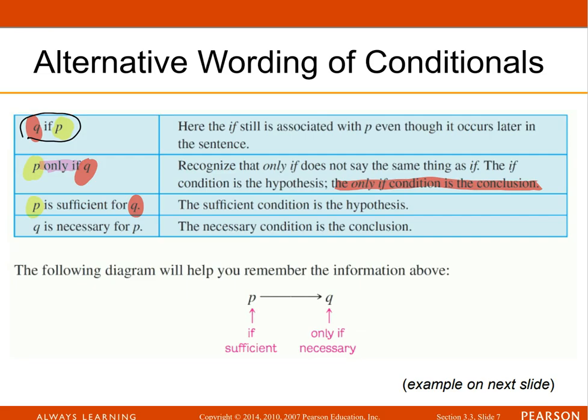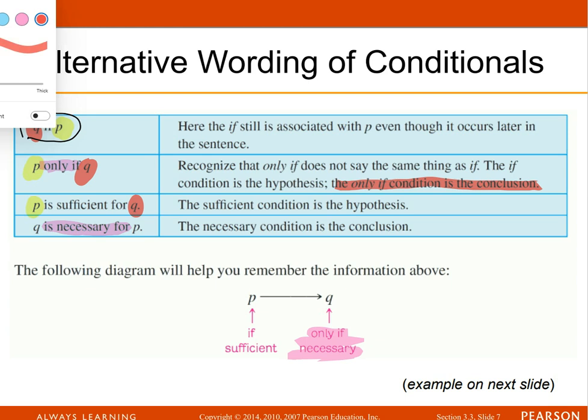It says Q is necessary for P. So when they throw in Q is necessary for P, and they're showing this down here, if P, then Q, only if necessary. So Q, am I using the right color? Only if necessary.